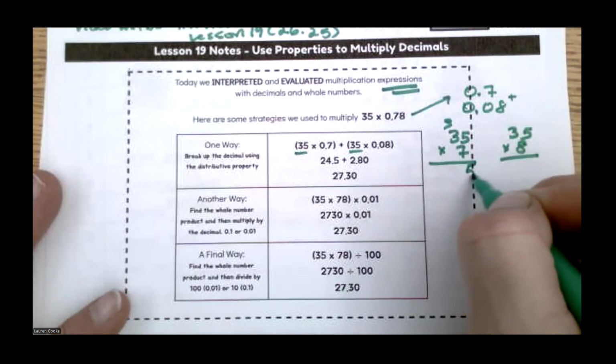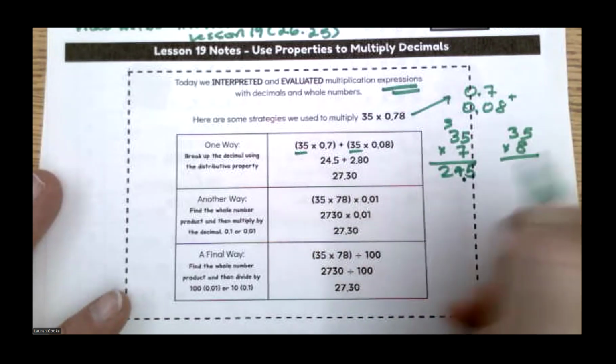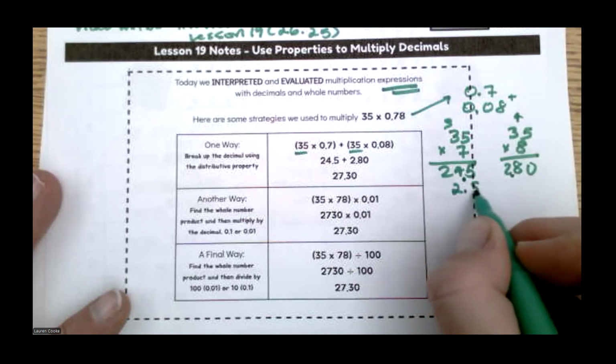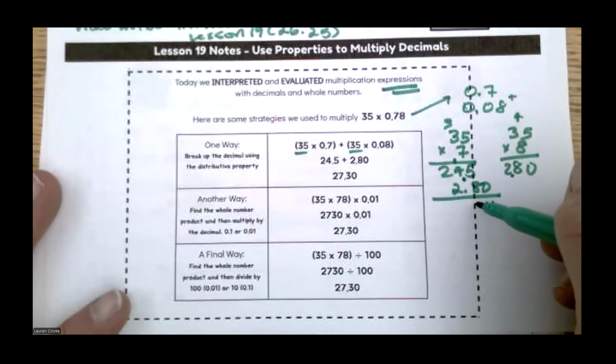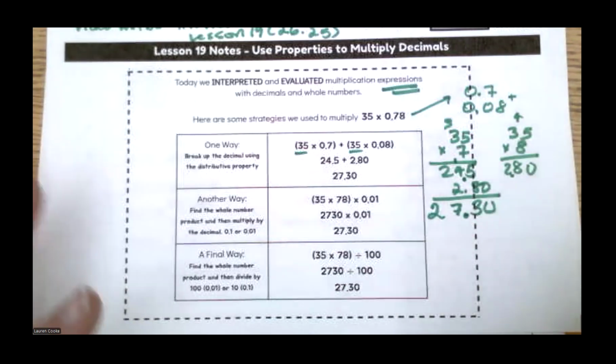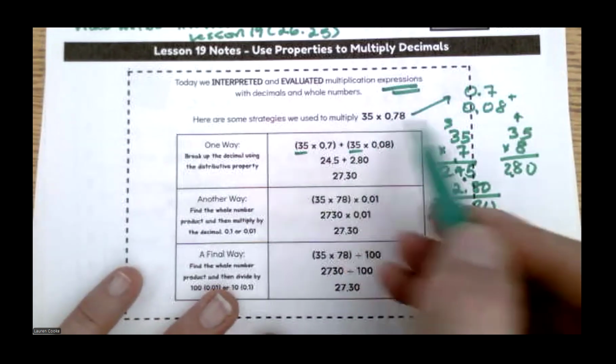Once we got the answer, we would then have to place the decimal point. That's actually where I think we're having trouble, because we are not placing the decimal point properly. Okay. So let's look at another way. We can do the two non-decimal numbers.